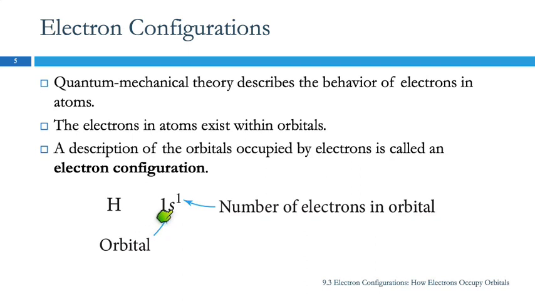The type of orbital, s, p, d, or f, is given as a letter here. The large number before that is the principal quantum number, the principal energy level, and the superscript tells us how many electrons are in that given orbital. So here it's 1.